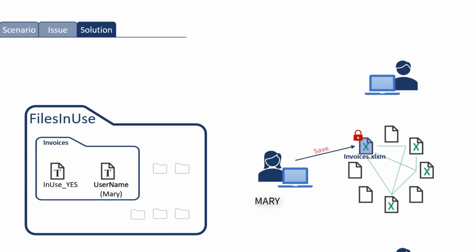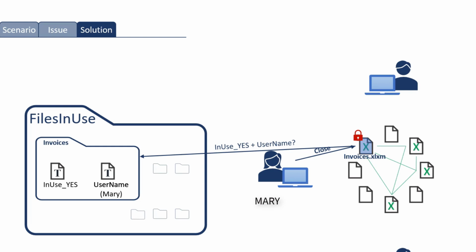After some time, she is done with her work. She can click save. The file will be about to close, but before closing, the macro on the BeforeClose event will check again on that folder and will ask, is there an inuse_yes file and a file named after this user, so in this case Mary?